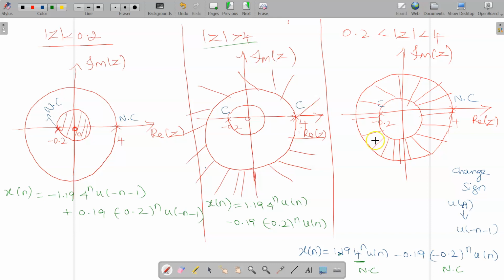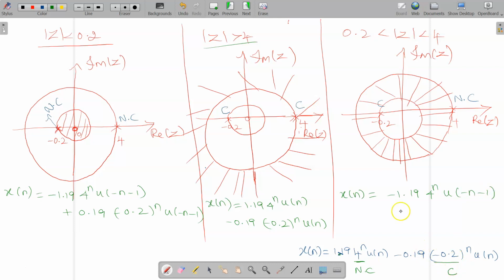Now, for the third ROC, 0.2 is causal, but 4 is non-causal. So how do you write the expression? Since the 4 term is non-causal, x of n is equal to minus 1.19 times 4 power n u of minus n minus 1.